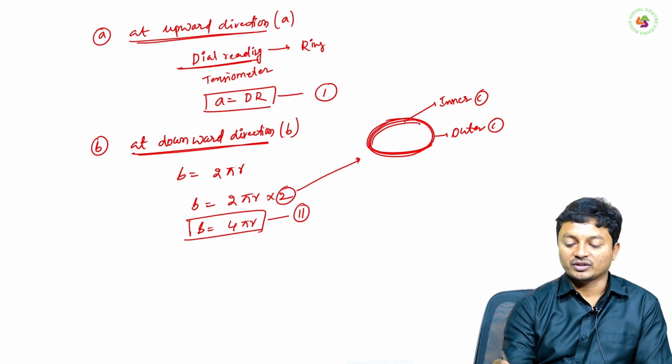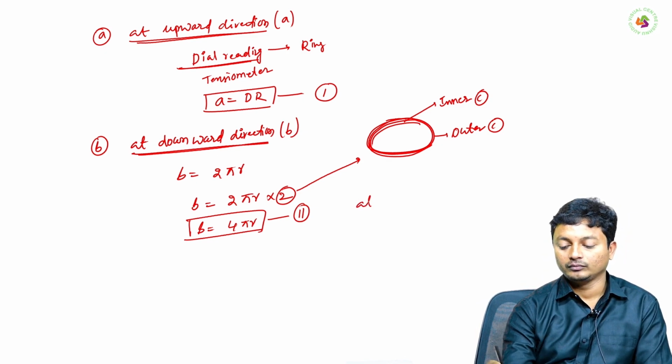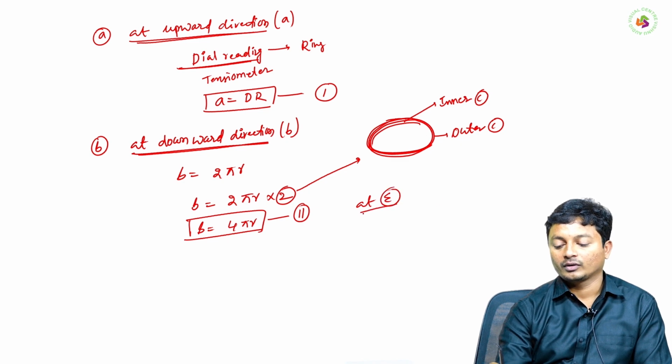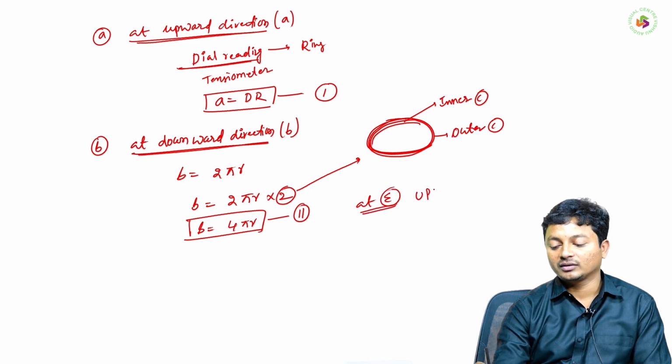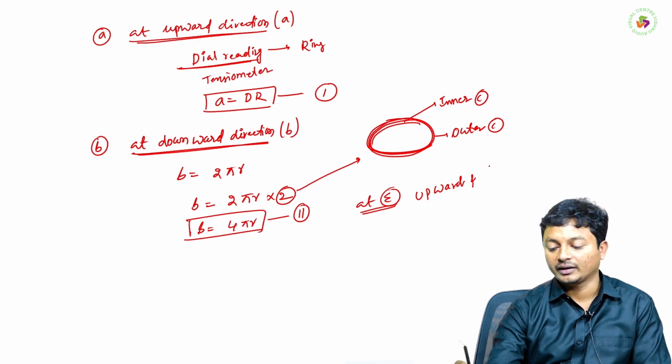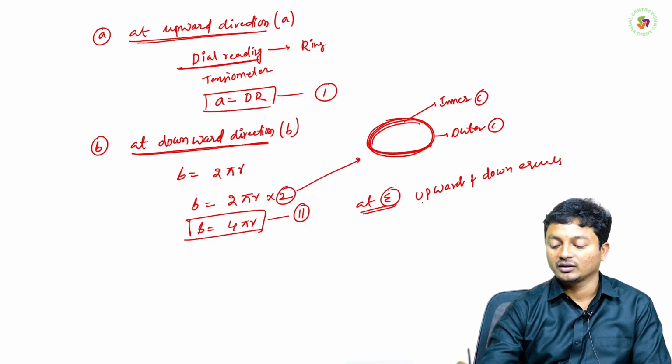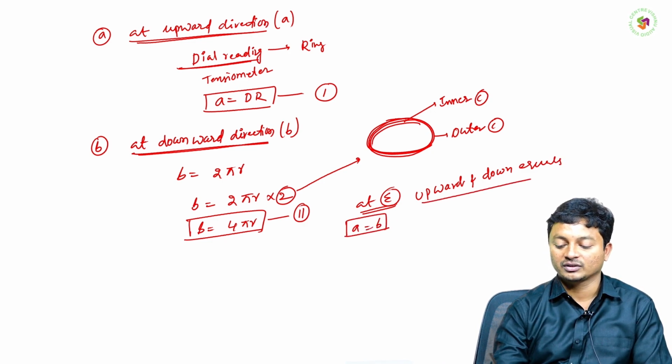At equilibrium state, this upward direction and downward direction should be equal to each other. So A and B both are equal.